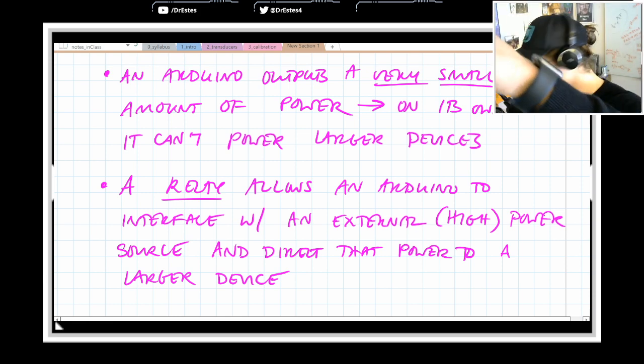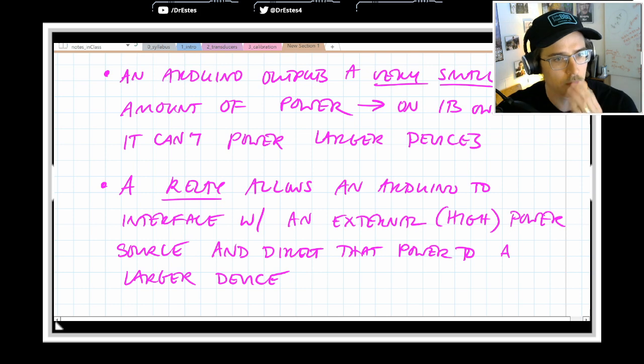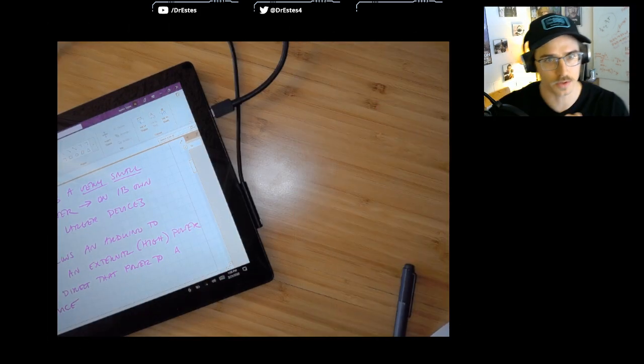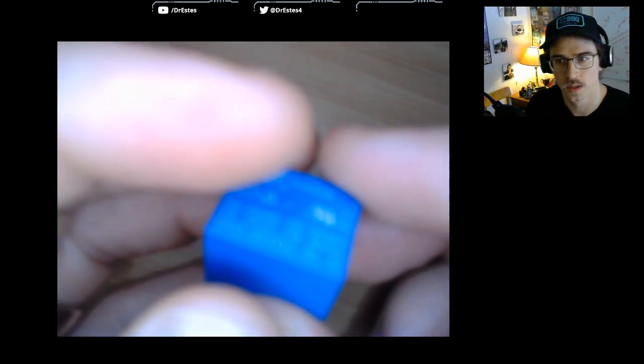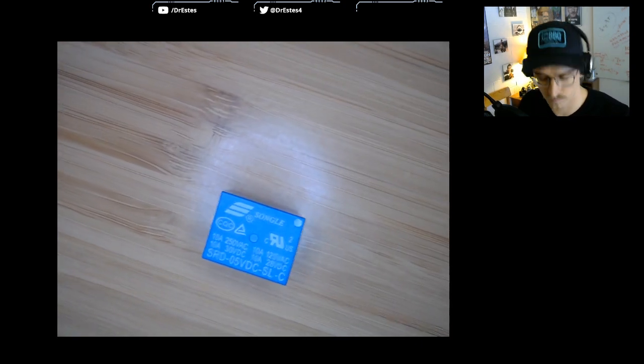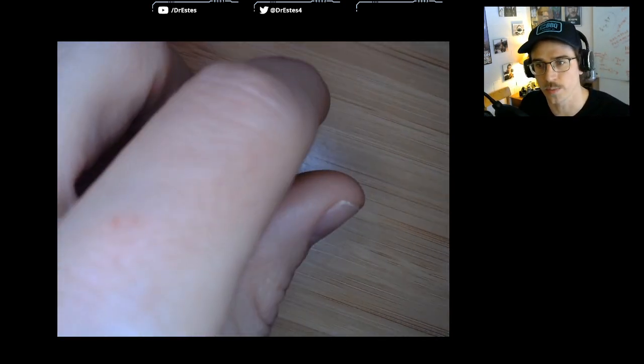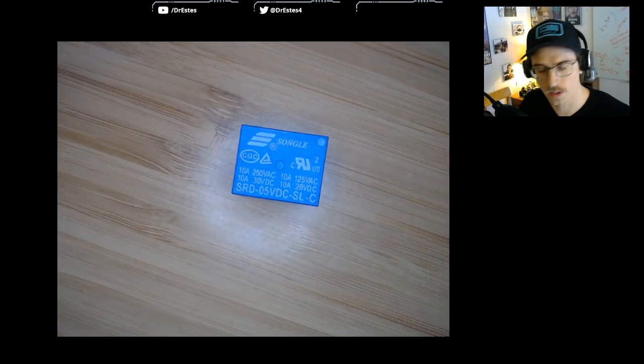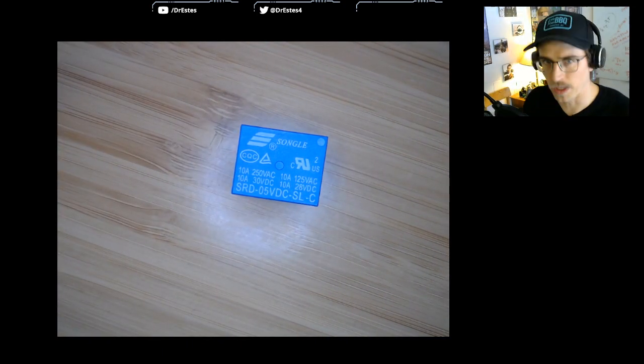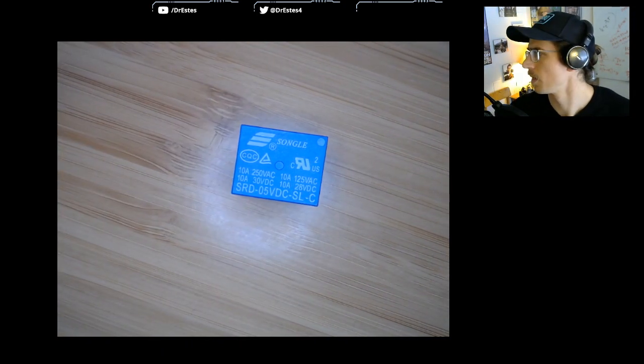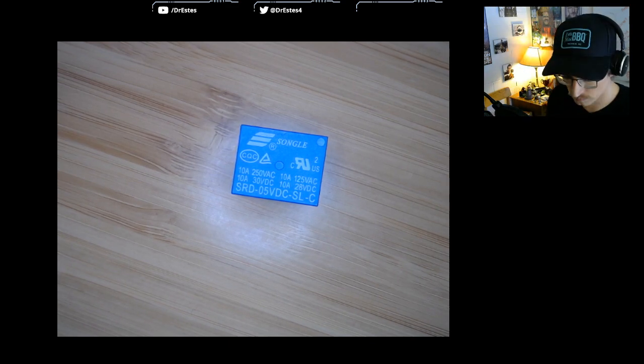Let me show you. You actually have a relay in your kit. Let's go over here. I want to show you this. If you open up your kit, this is the relay. But I'll talk about this in a second.